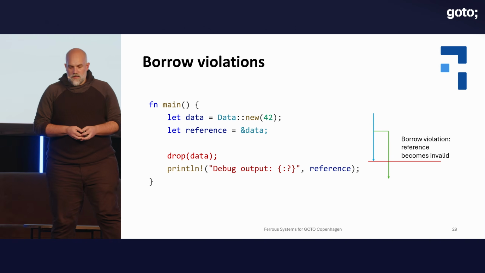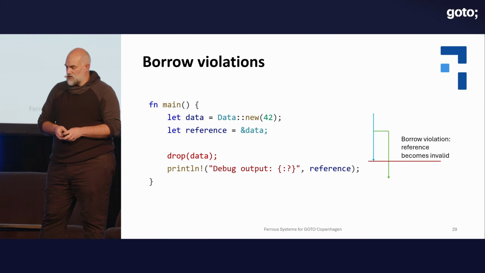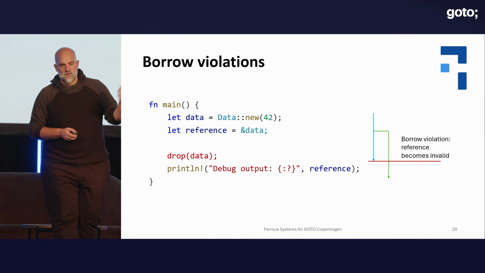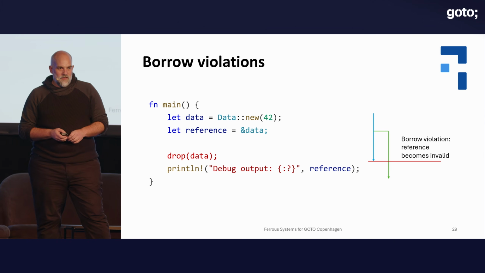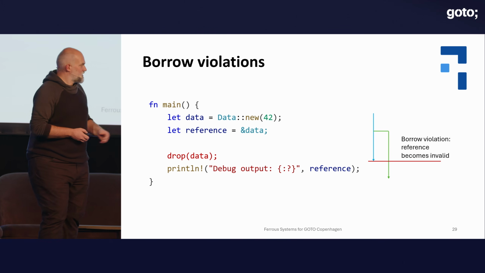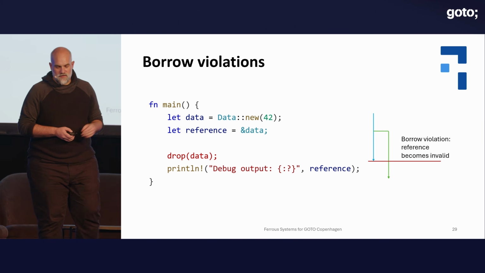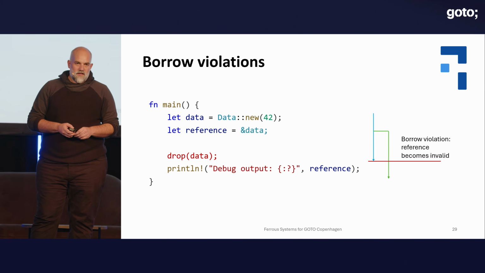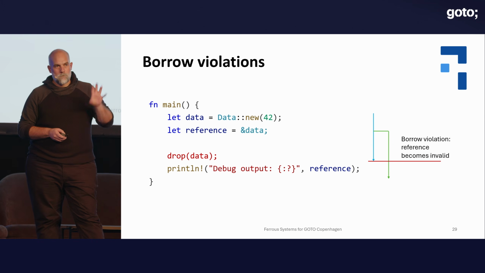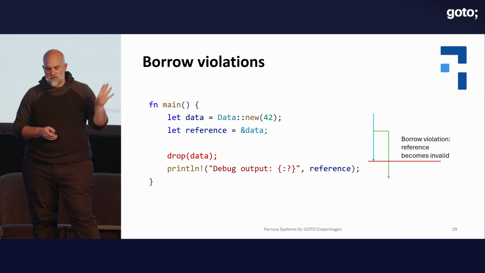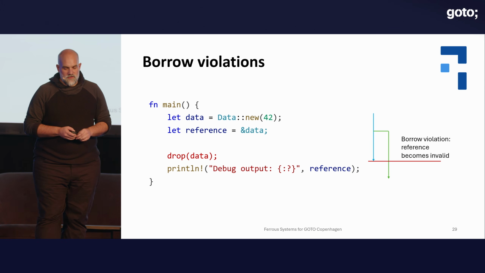First of all, just quickly, what does a borrow violation look like? I've been saying the owner is not allowed to remove data from memory while it's borrowed. This is a very classic Rust example. I have my data that I had before, just a stand-in value. I reference that by using the ampersand sigil here. So I have a reference to data.